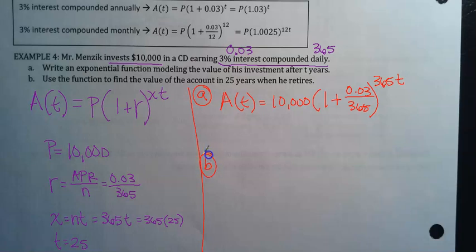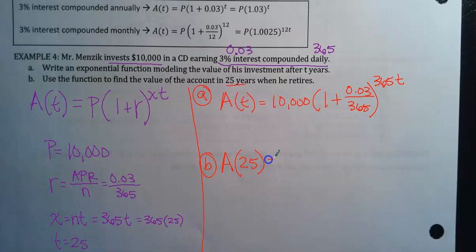All right, so then B says to use the function to find the value in 25 years. Well, then that's when we change this part to 365 times 25. So what's the account balance in 25 years?